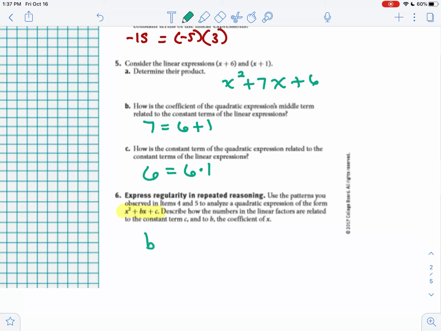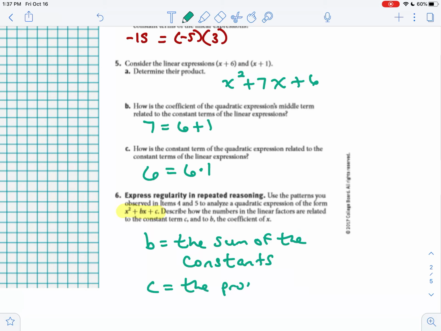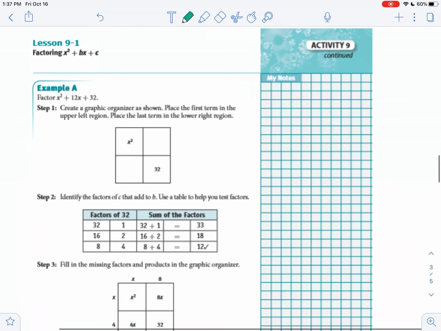So in our expression, x squared plus bx plus c, b, the coefficient of the middle term, is the sum of the constants, whereas c is the product of the constants. Okay, so that pattern is going to help us learn how to factor.